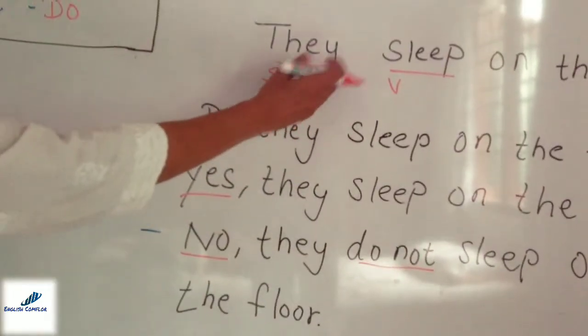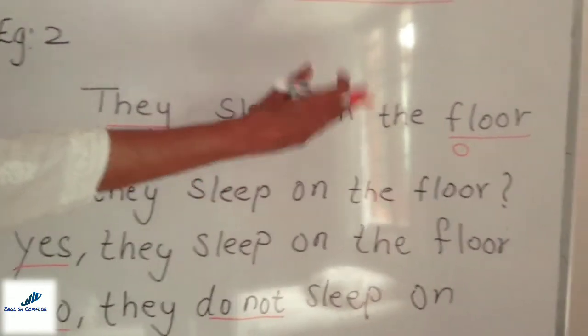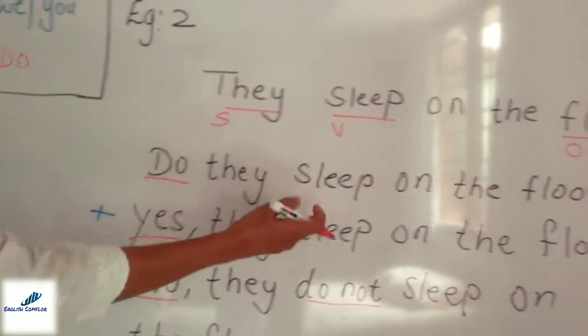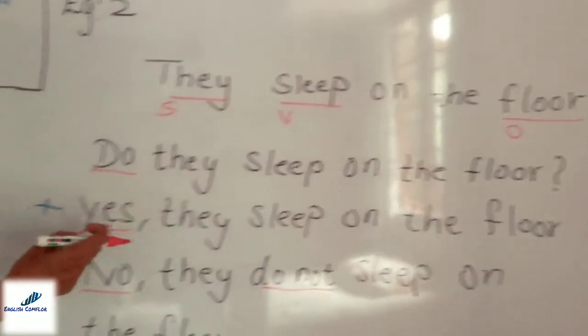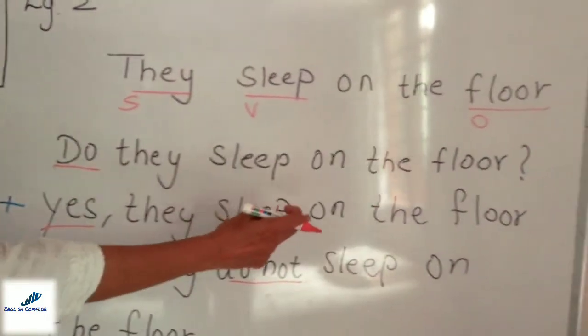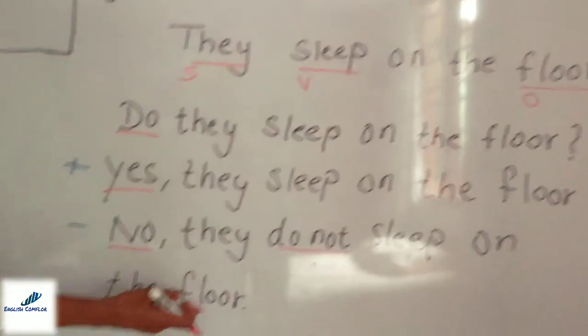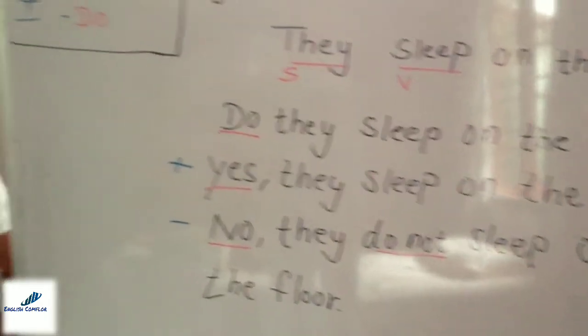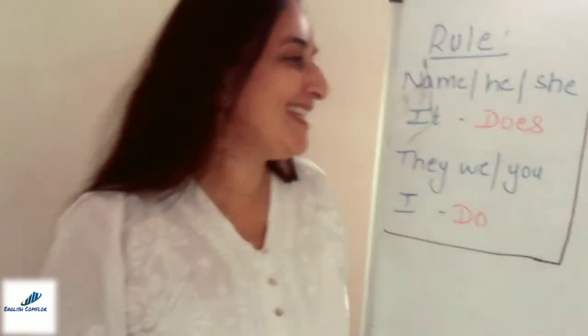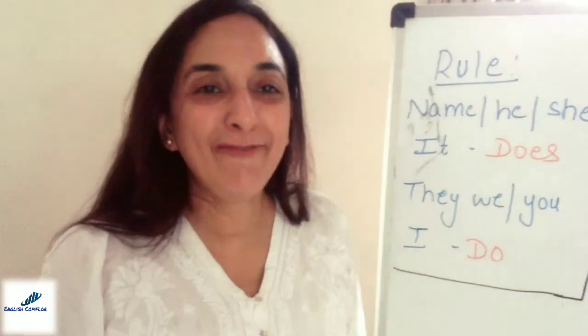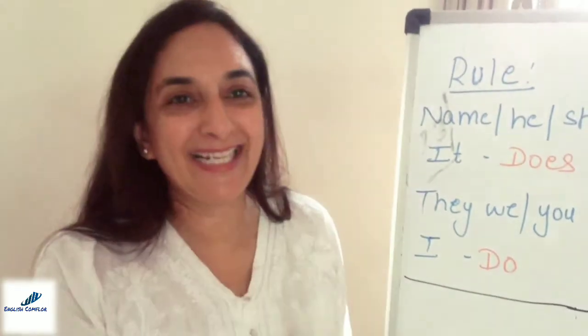So I'll read it for you. They sleep on the floor. Do they sleep on the floor? Yes, they sleep on the floor. No, they do not sleep on the floor. So is that again more clear for you? So we'll go to the task now.